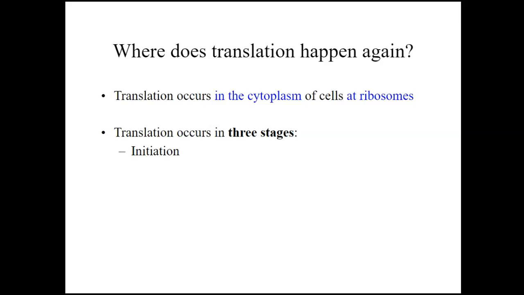And then as the messenger RNA goes through the ribosome and the polypeptide chain is growing, that's called elongation. And then when they separate and the protein is removed, that's called termination. So you hit the stop codon and the ribosome parts separate, messenger RNA separates, the protein that was formed separates.